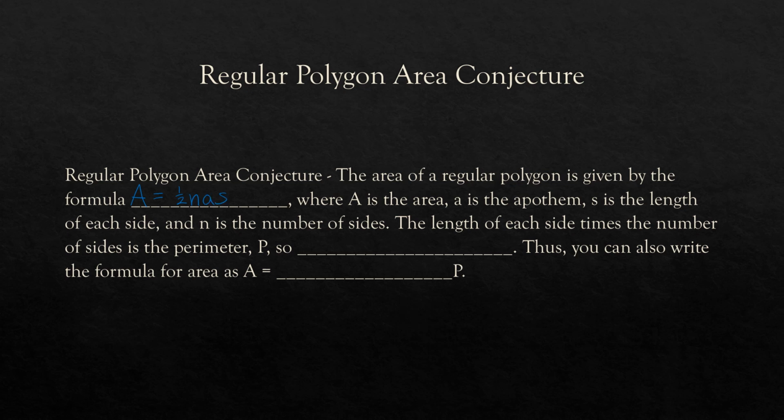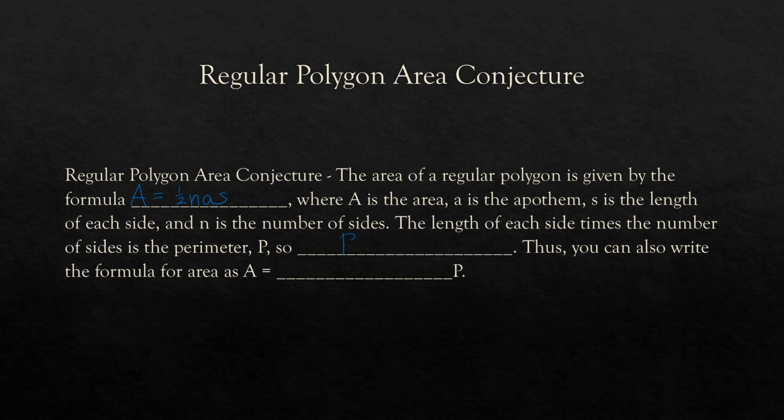N is the number of sides, A is the apothem, or the height of that small triangle, S is the length of each side, or the base of our small triangle, and 1/2 because a triangle is 1/2 base times height.